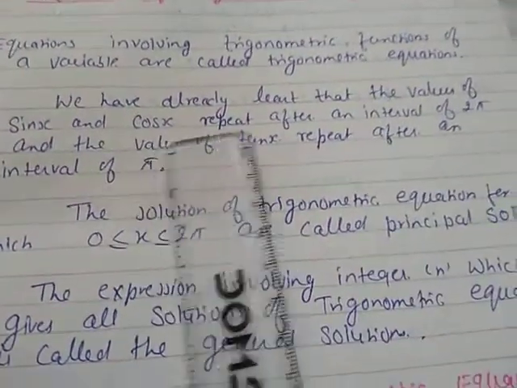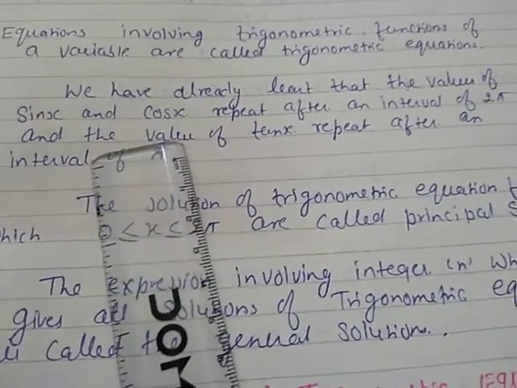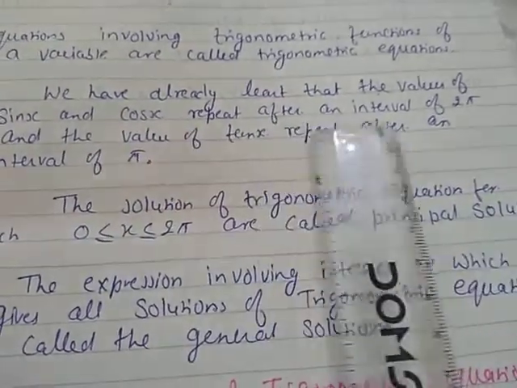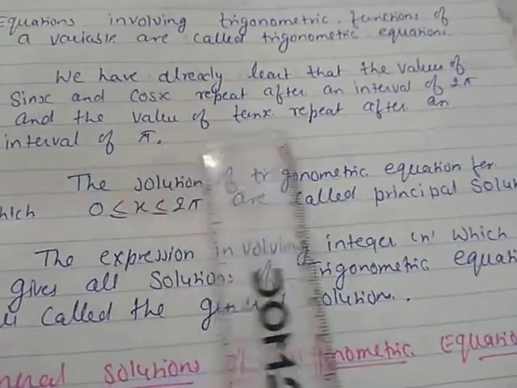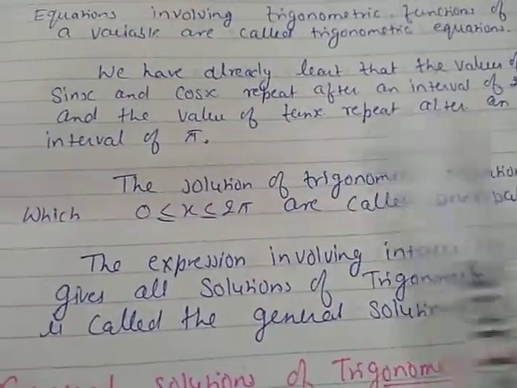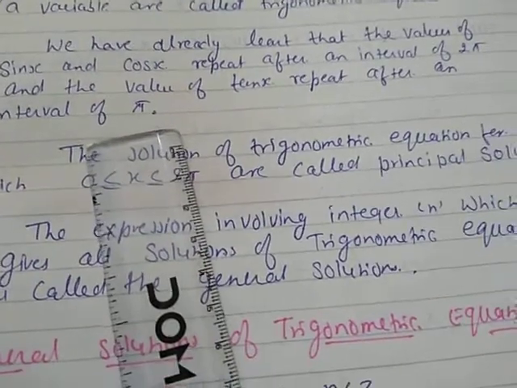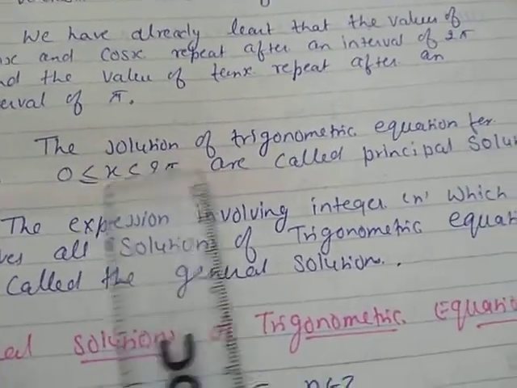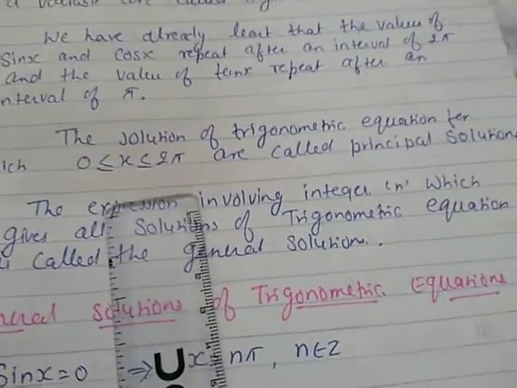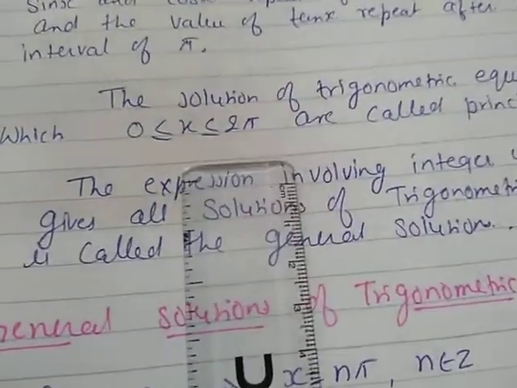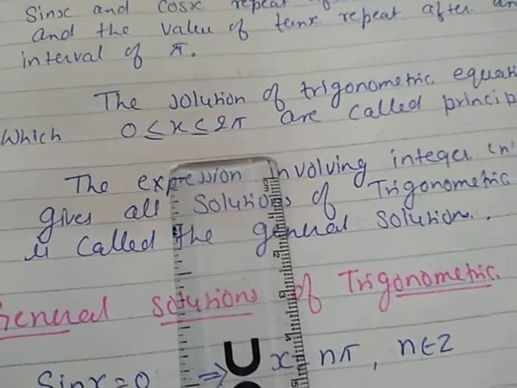We have already learned that the values of sin x and cos x repeat after the interval of 2 pi, and the value of tan x repeats after the interval of pi. Okay, so the solutions of trigonometric equations for which x lies between 0 to 2 pi, that means all four quadrants are involved.